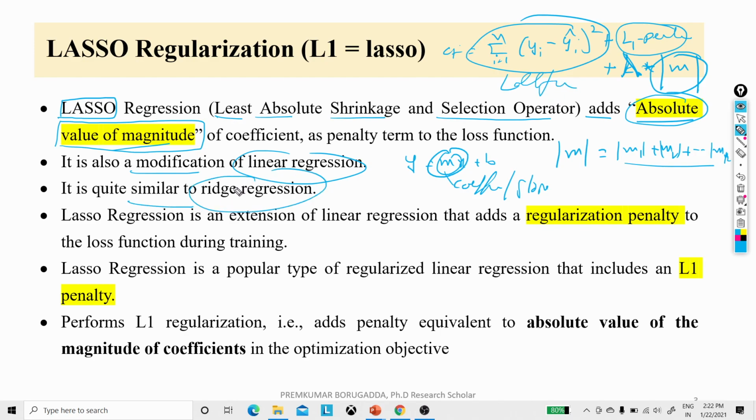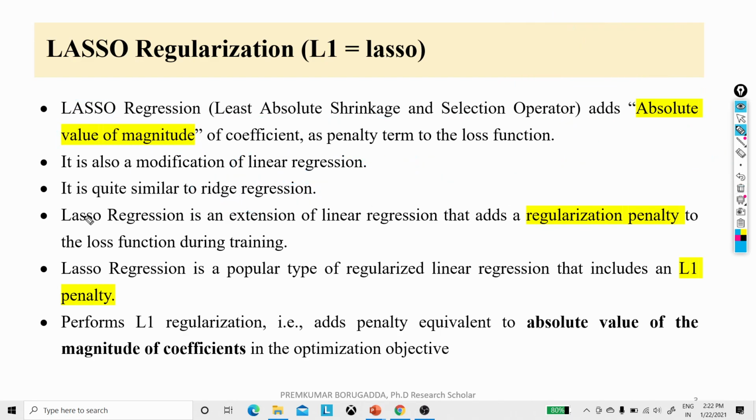Lasso regression is an extension of linear regression that adds a regularized penalty to the loss function during training. While training our model on our data set, we add the regularized penalty to the loss function.